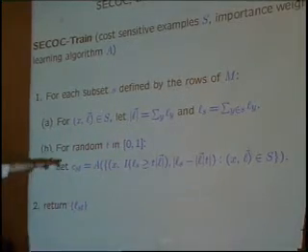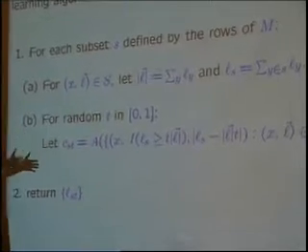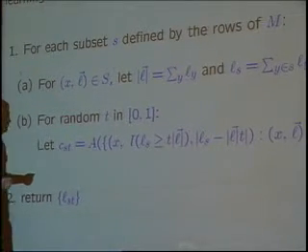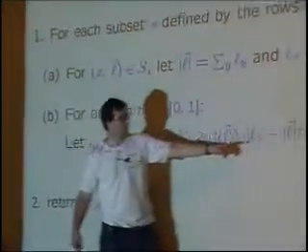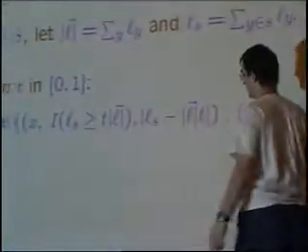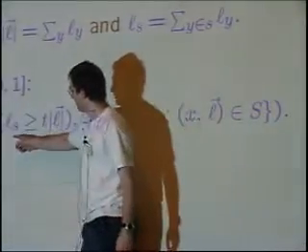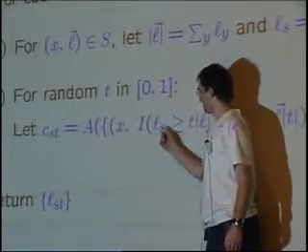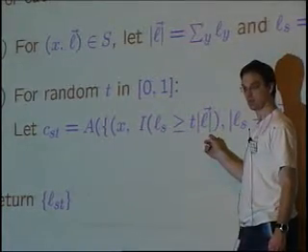And then we're going to pick a random threshold in the interval 0 to 1. And we're going to define an importance-weighted data set out of the cost-sensitive data set, where the label is whether the sum of costs in the subset is greater than t times the total sum of costs.